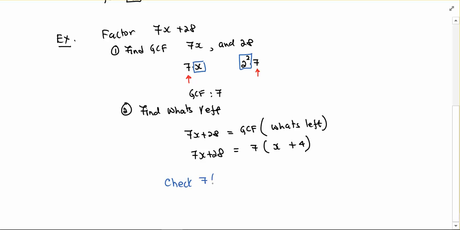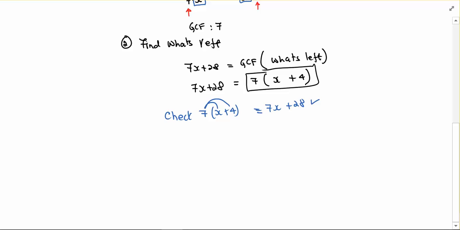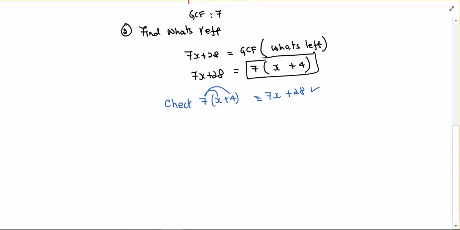So we can take 7 times x plus 4, distribute it in, and get 7x and get 28, and see that we've done the unmultiplication correctly. Right? So the answer to factor that is this, unmultiply is that. Now doing this first step actually is the most important thing to be able to do. Right? So let's try another one.